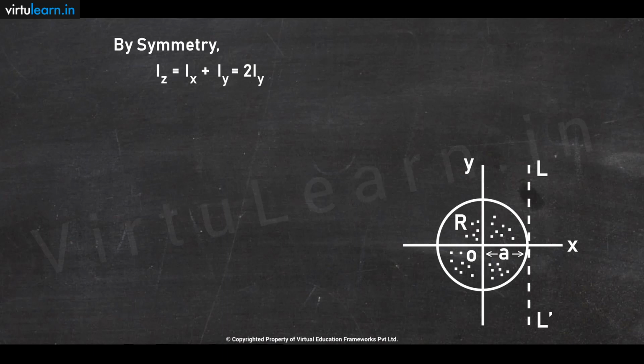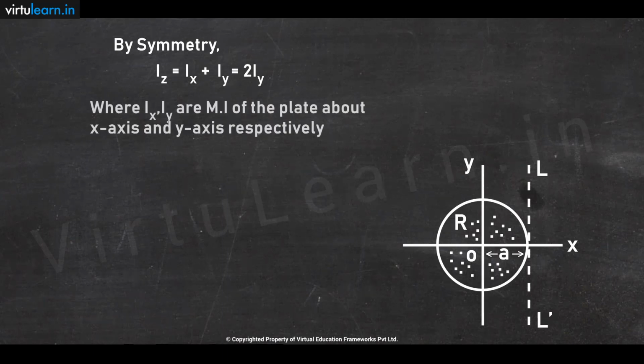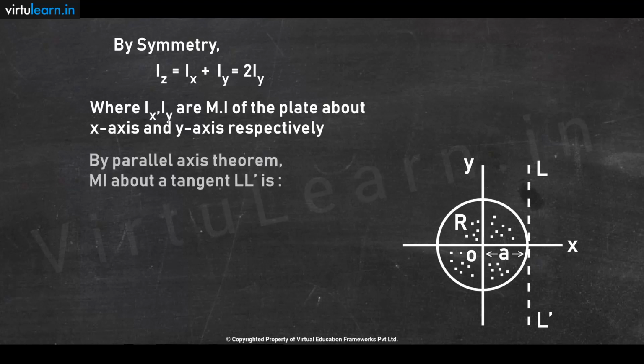Now, from the figure, the moment of inertia about LL dash, the required tangent line, is equal to the moment of inertia about the y-axis plus capital M into a square. Because a is the radius, a becomes the distance between the two parallel lines.